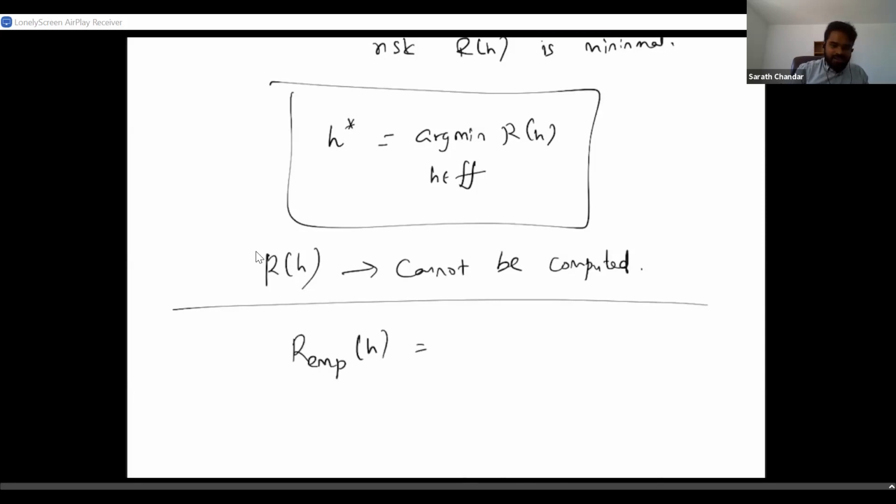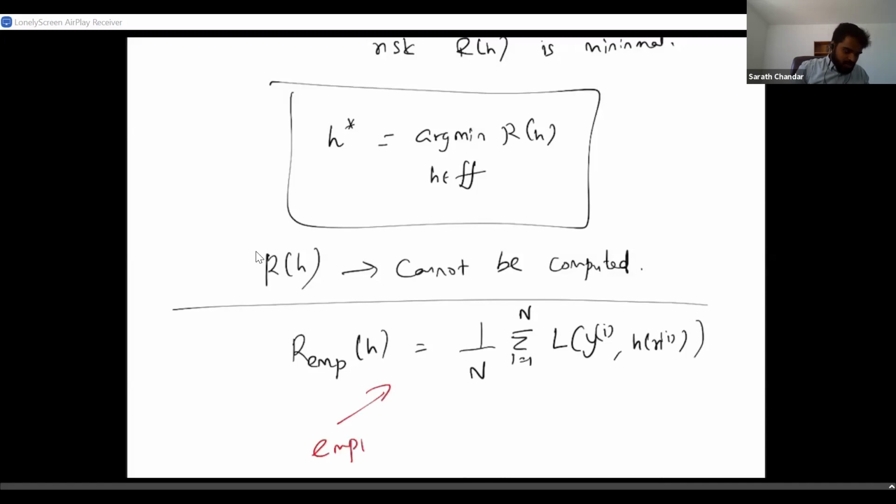The empirical risk is simply the loss with respect to the training data. So it's 1 over n, summation over i is equal to 1 to n, the loss in predicting y of i using my hypothesis. Okay, so this risk is known as the empirical risk.